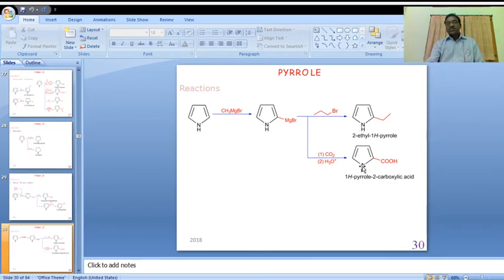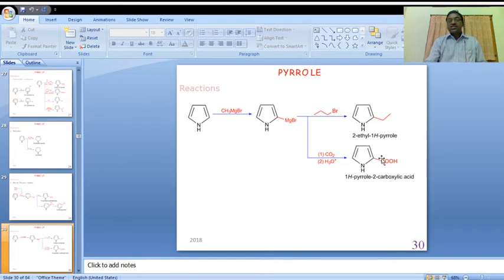In the second case, please observe, the second-substituted intermediate on reaction with carbon dioxide in presence of hydronium ion, H3O plus, that is H2O plus H plus ion, gives this product, 1H-pyrrole-2-carboxylic acid.